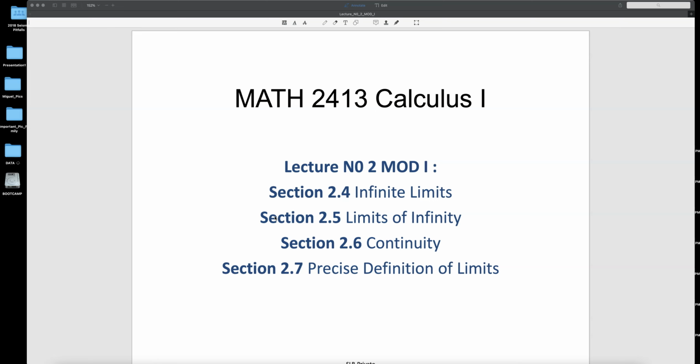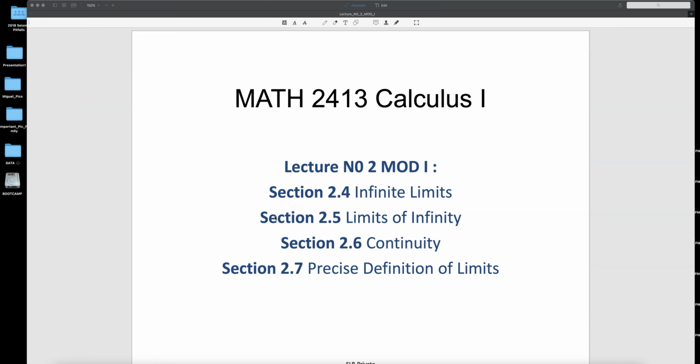Okay, now what we are going to start covering during the rest of these days is the second half of this chapter, that basically is how to evaluate two types of limits.